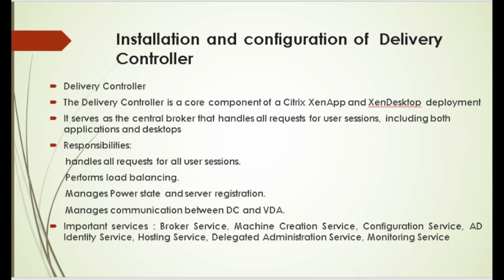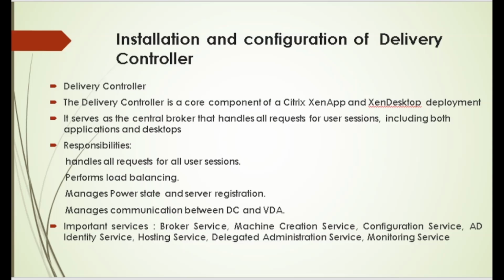The second important service is Machine Creation Service. While configuring a delivery group, if you select MCS, the Machine Creation Service will create a VM on your behalf, as per the request.